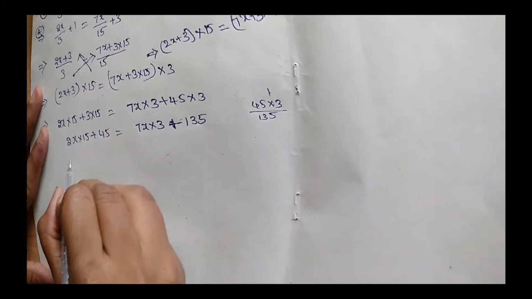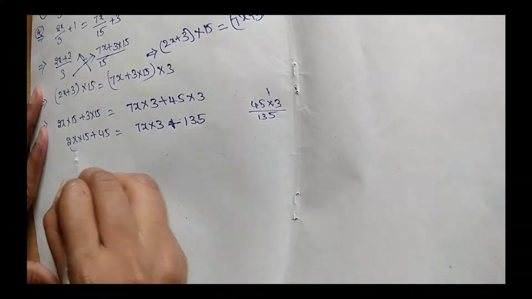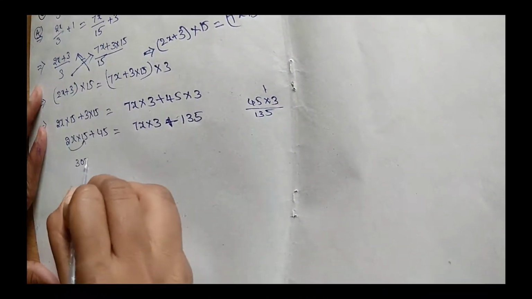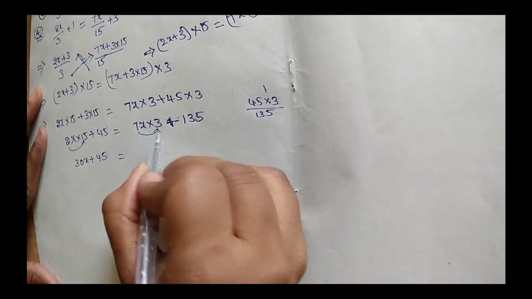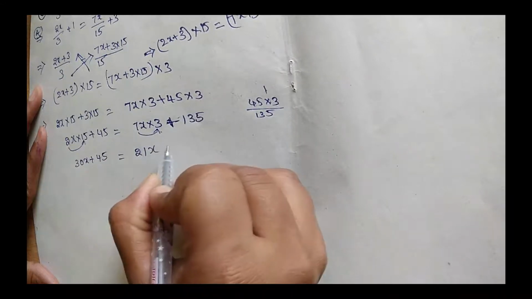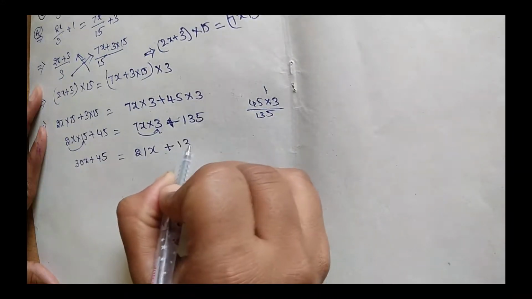So here 2 into 15 is 30x plus 45. Here 7 into 3, 7 3s are 21x plus 135.